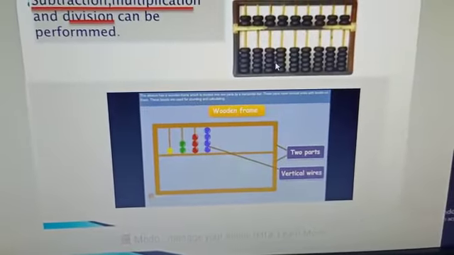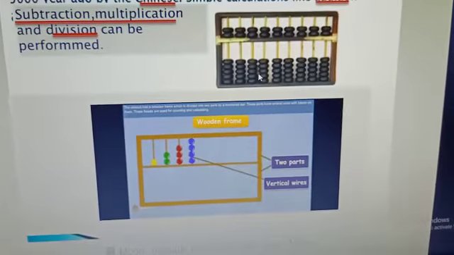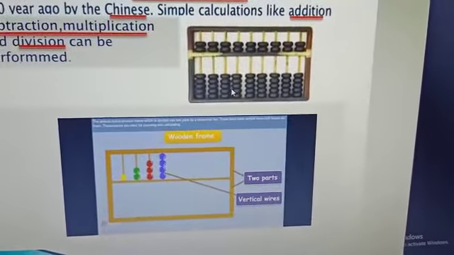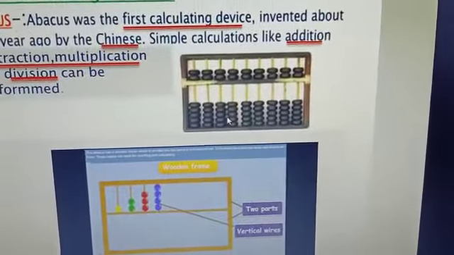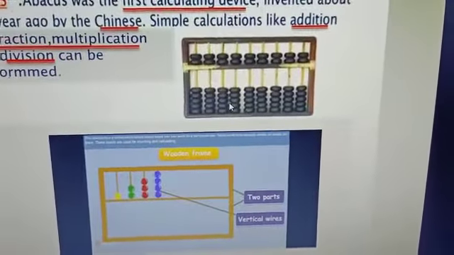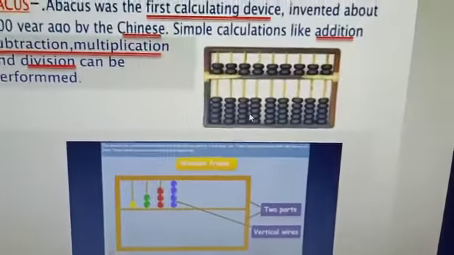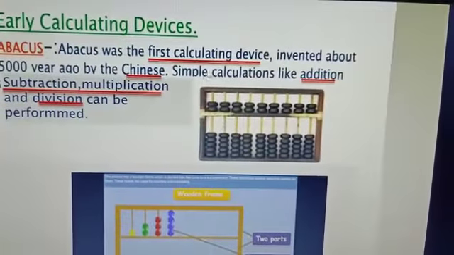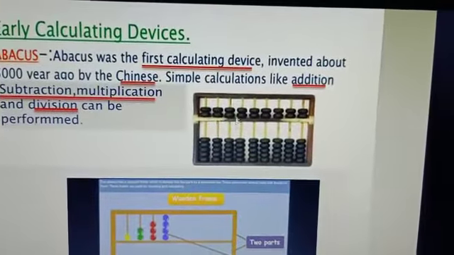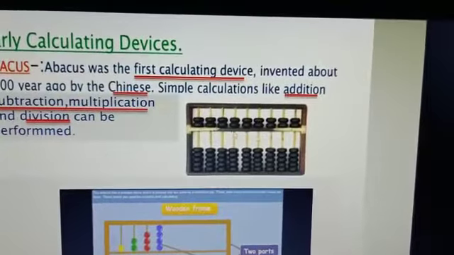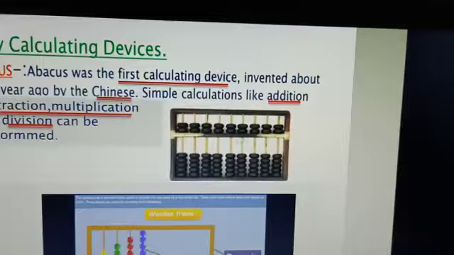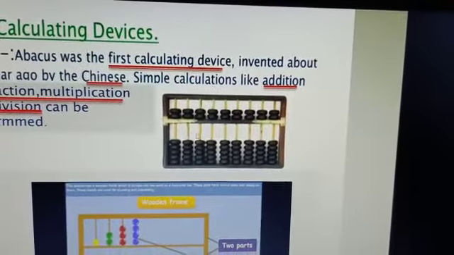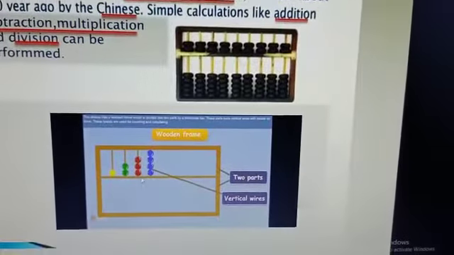So this is the picture of abacus. Can you see this? Yes, this is actually a wooden frame. It's a wooden frame and it is divided into two parts. Look here. It's divided into two parts by a horizontal frame. This horizontal frame makes two sections here. The same picture here also.